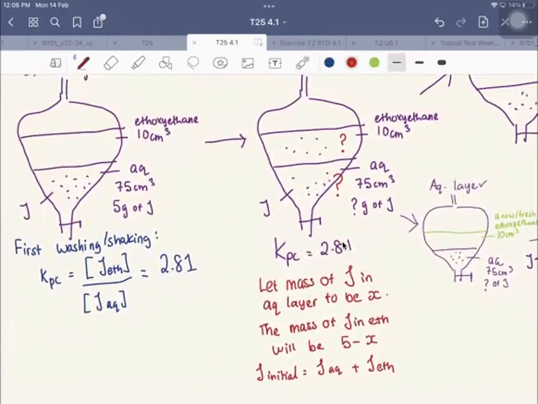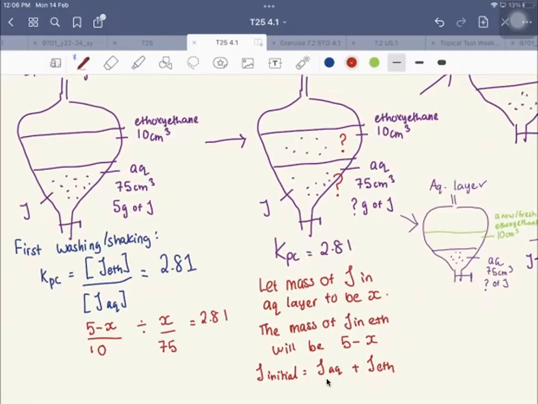So you take the concentration of J in ethoxyethane, which is 5 minus X over the volume of ethoxyethane, which is 10 centimeter cube, divided by the concentration of J in aqueous solution, which is X over 75, equals 2.81.